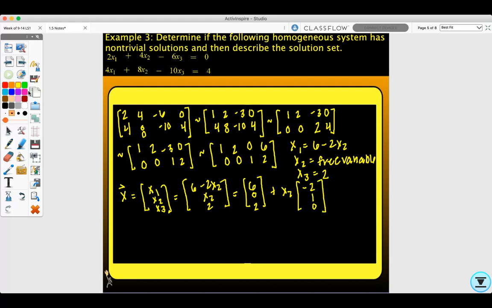If we describe this as P and this as V, this would then equal P plus x2V.